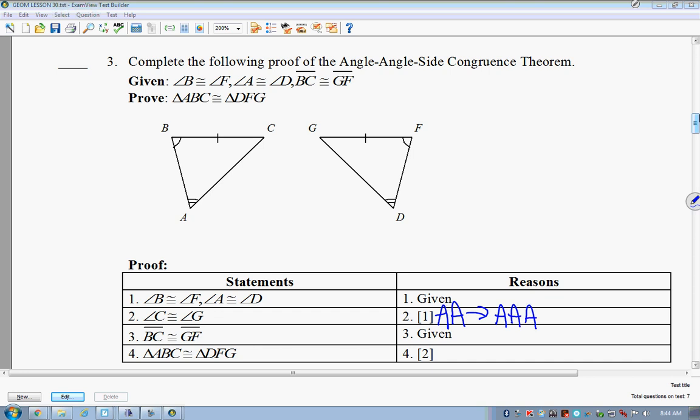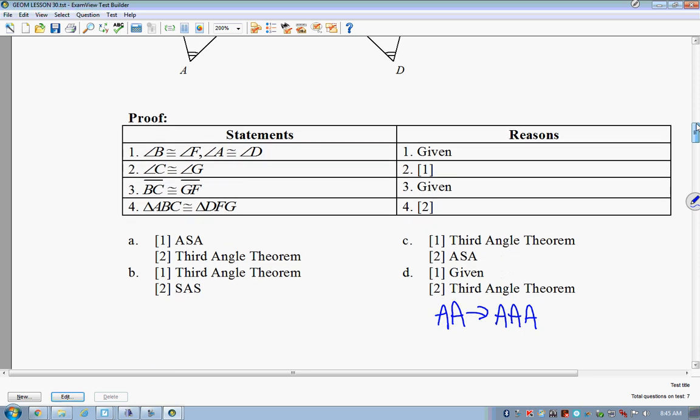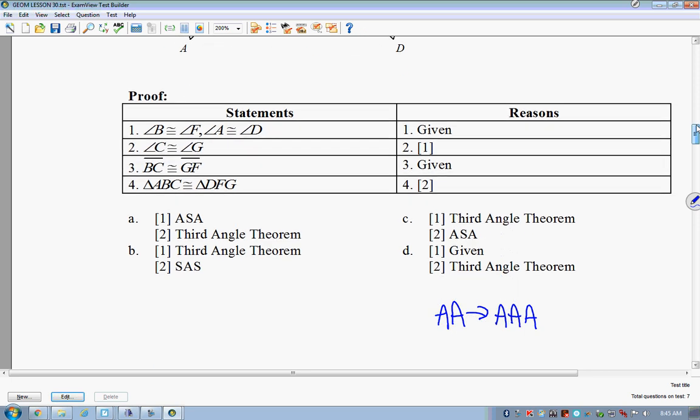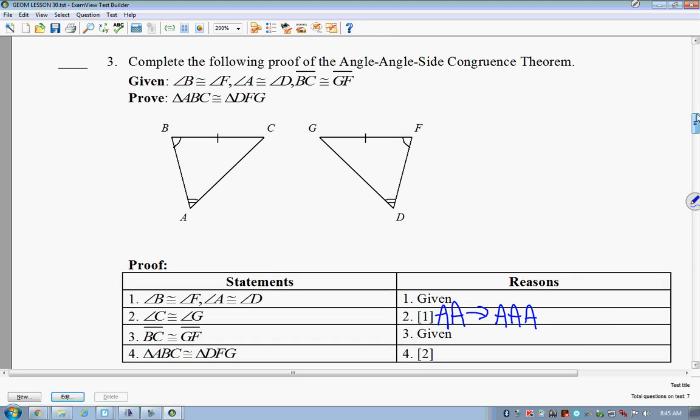And that's typically how we write it. If I know two angles of a triangle are congruent to two other angles of another triangle, then their third angle has to be congruent. And I believe that we've talked about that before. So you'll see third angle theorem show up here on two of these, so that gets it between C and B. Okay? Next part is given.